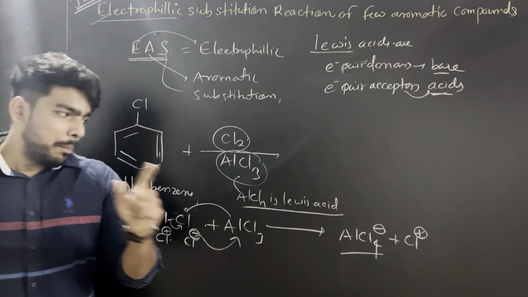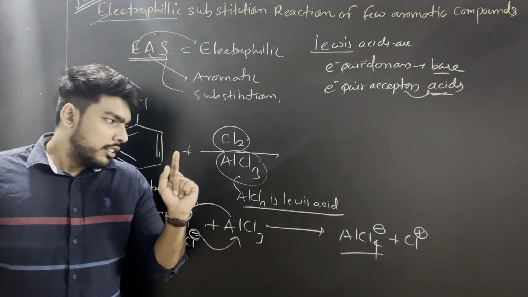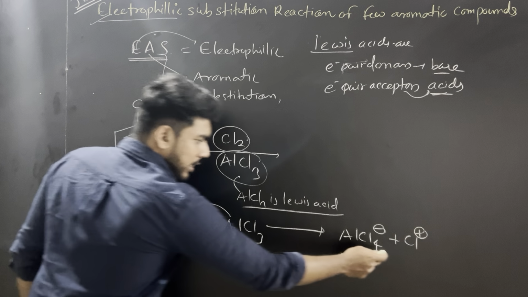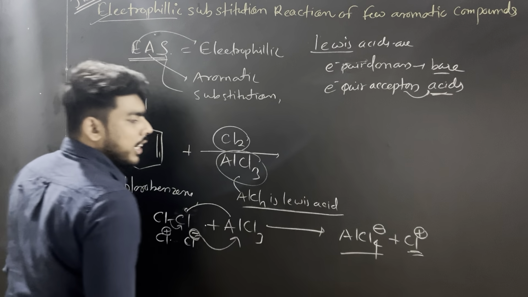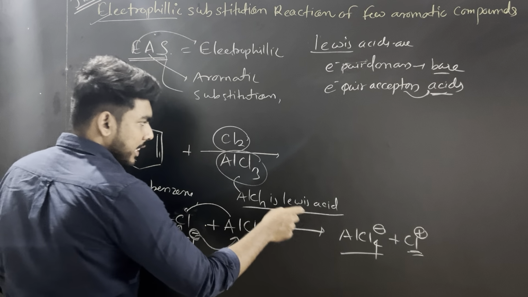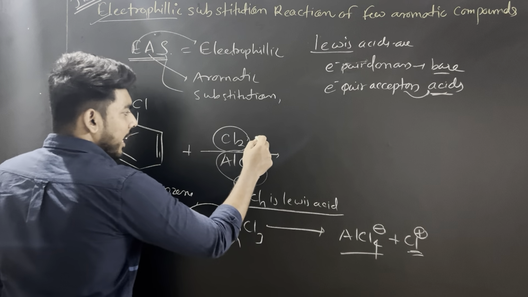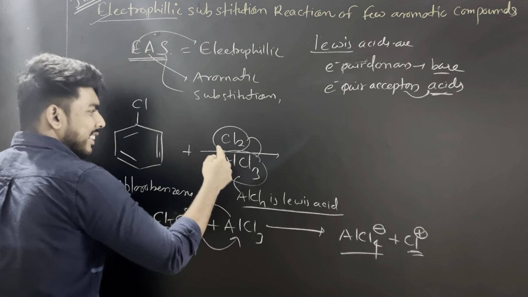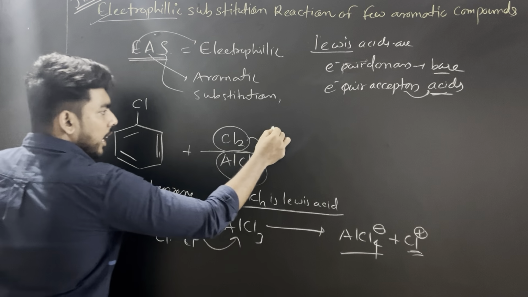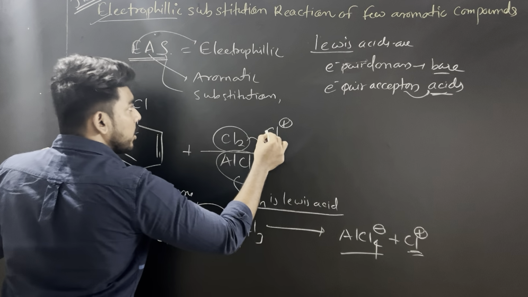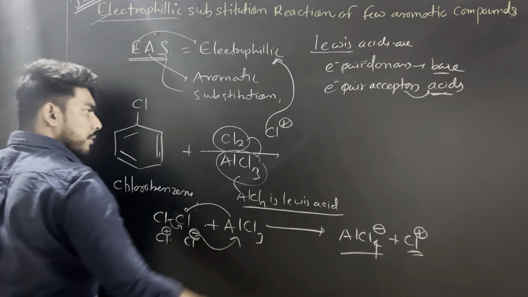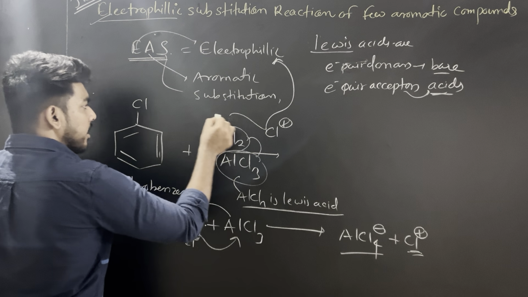Now look at the Cl plus very carefully. This Cl plus is electron deficient, and it is generated in the reaction between Cl2 and AlCl3. This Cl plus is called our electrophile.